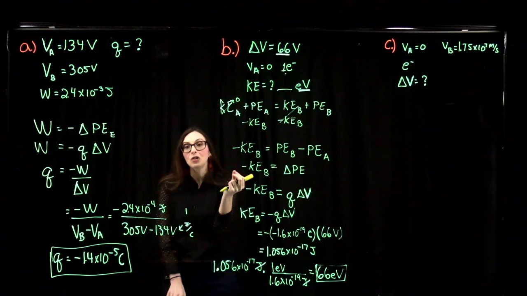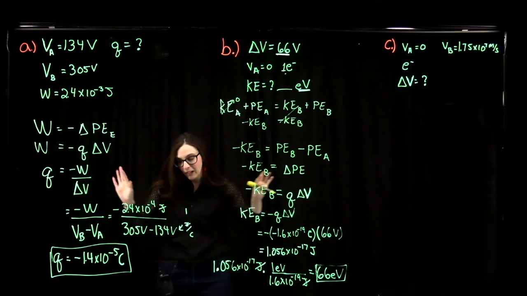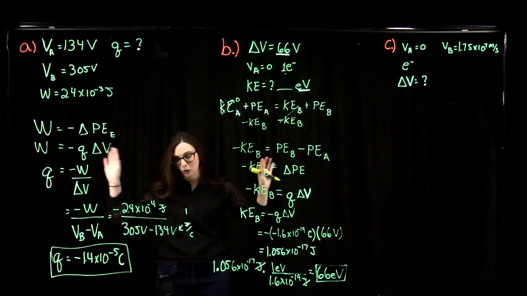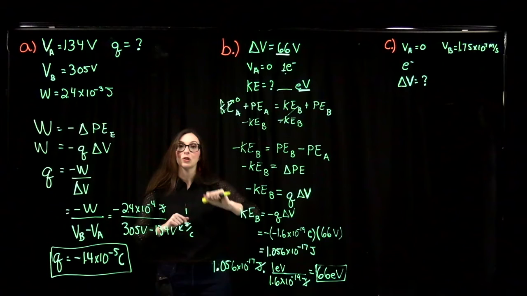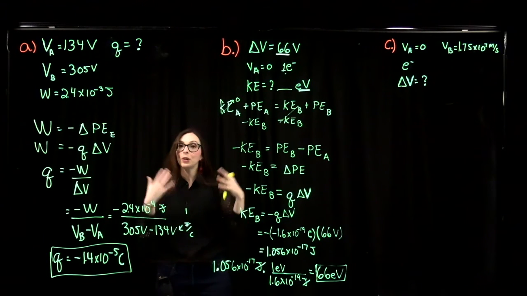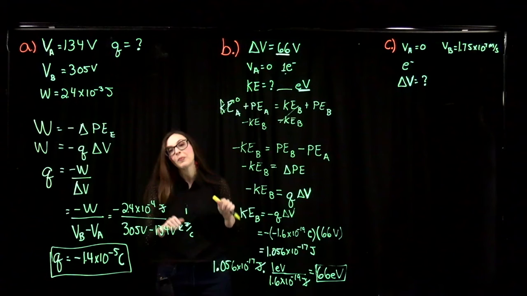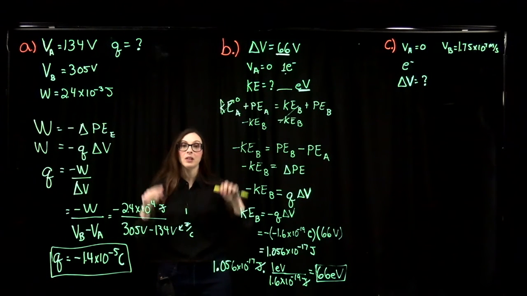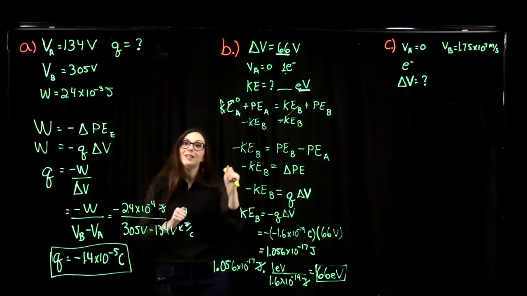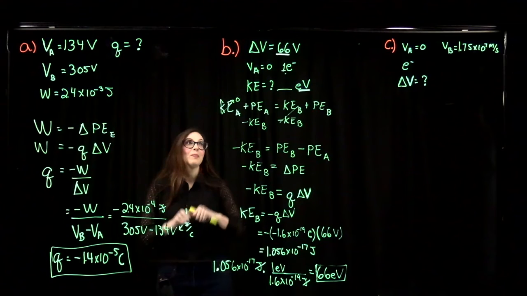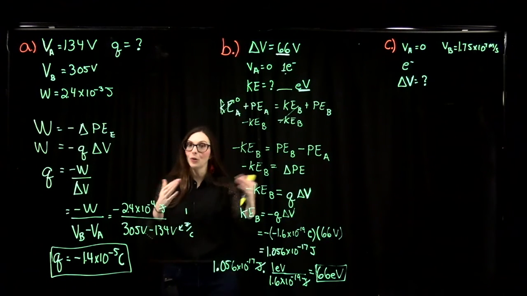Because remember, the definition for an electron volt is the energy given to our fundamental charge to accelerate it through a potential difference of 1 volt. So if you're accelerating your fundamental charge through a potential difference of 66 volts, then the kinetic energy required to do that is 66 electron volts.